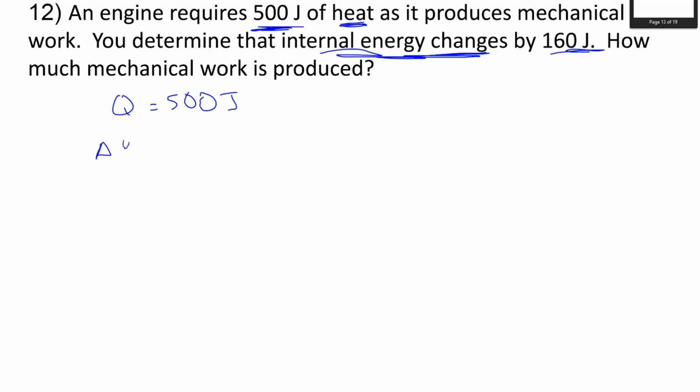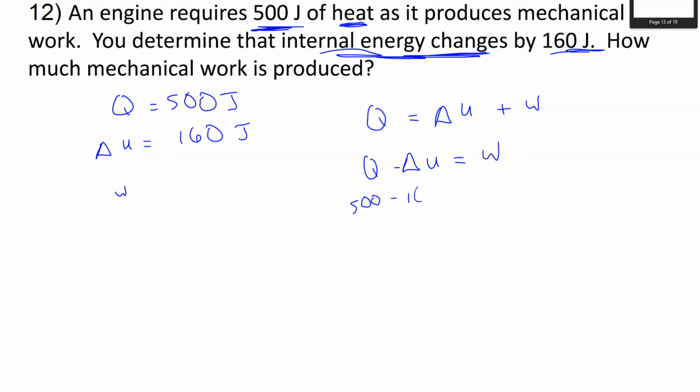Oh yeah, that'd be delta U equals 160 joules. And they want work. Oh yeah. Usually if you just list out all your variables, then you'll see the association with those, and you come in here and say 500 minus 160, and that's what, 340 joules of work.